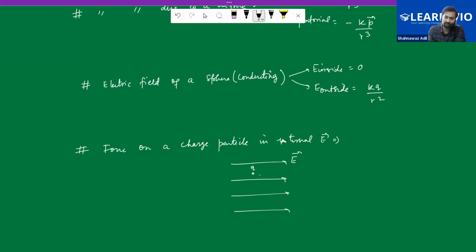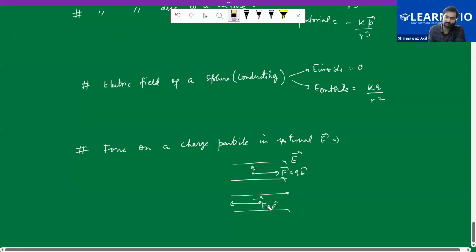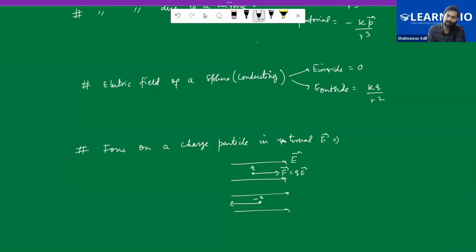Let's say this is a positive charged particle. So the electric field would be in this direction, and the force would be in this direction. That would be QE. And let's say if you are putting a minus Q charge, then the force would be in this direction. Right? That would be minus QE. So all these things we have talked about.